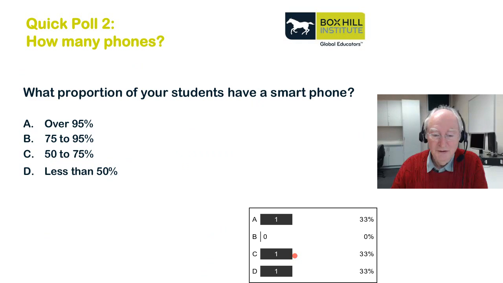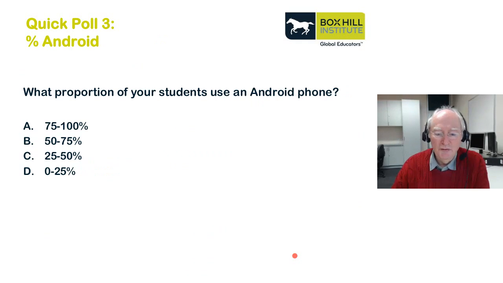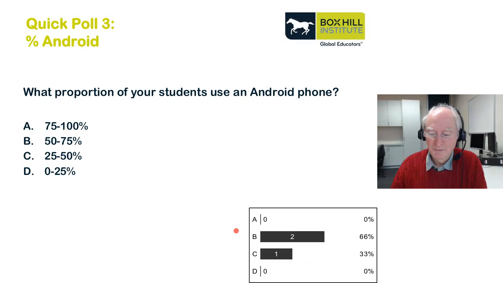Moving on. Now, first of all, Android. So a quick guess as to how many of your students would have Android. Oh, I better turn that poll on, hadn't I? And answer this, yes, it's going to be a very rough and unrepresentative thing here, but fair enough.